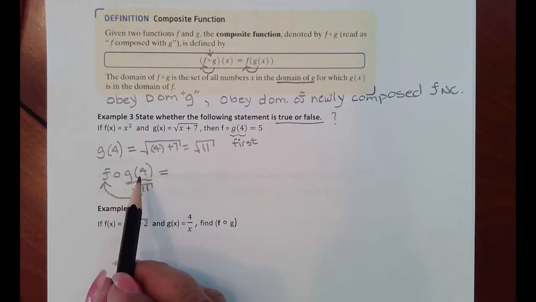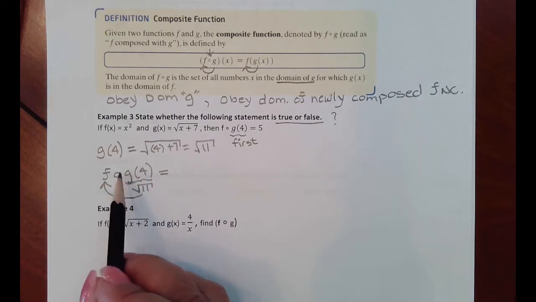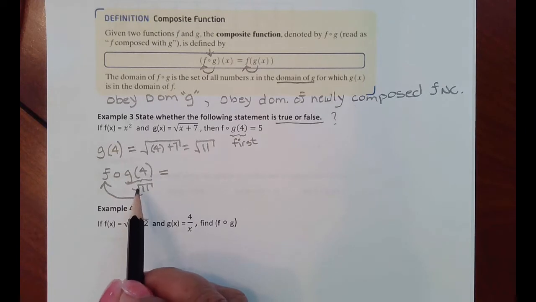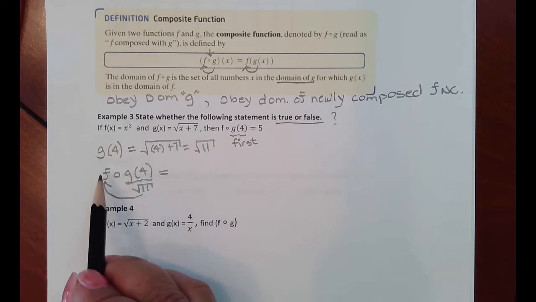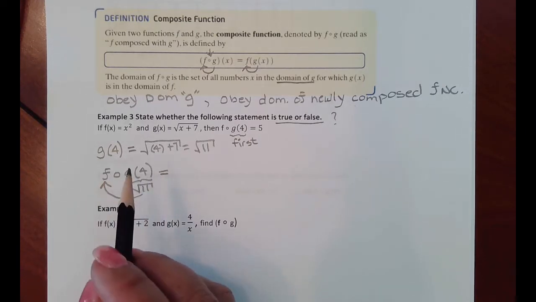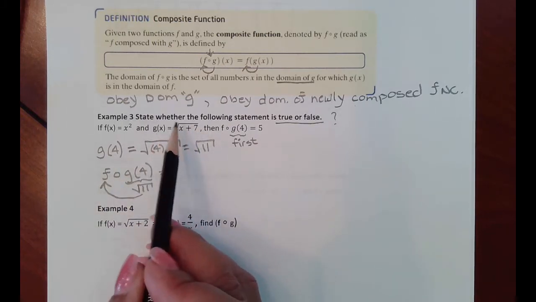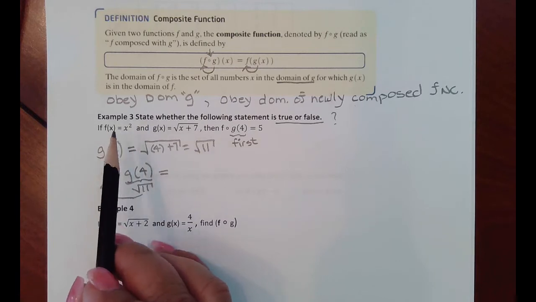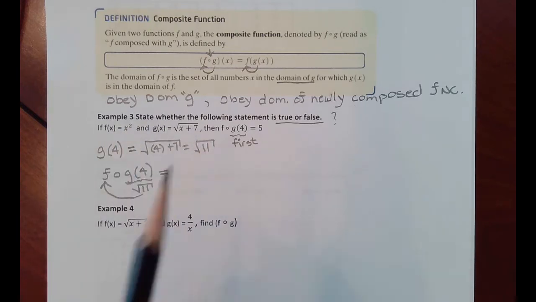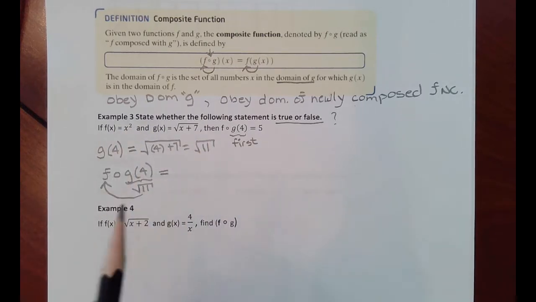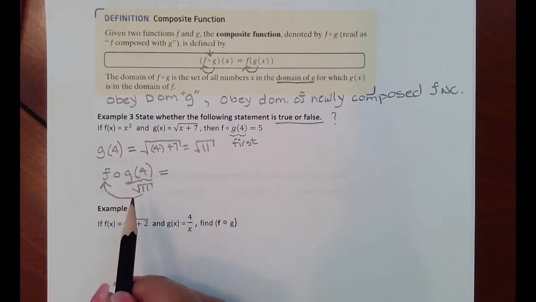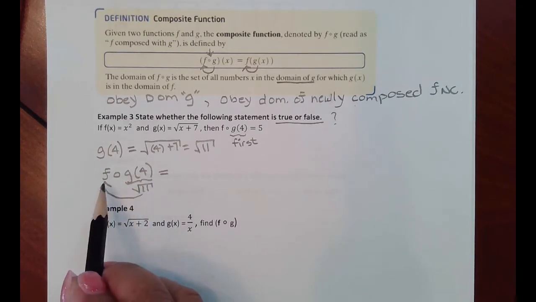It's just that when they start you off with numbers, you can make it easier on yourself by evaluating this one first, getting a number rather than plugging it in its x form. Because another way to do this, which is just longer, is you could substitute this whole thing into this, square it, get an expression, and then plug in 4. This is actually less steps. So working on the inner function first, I got the square root of 11, and now I'm going to plug it into f.